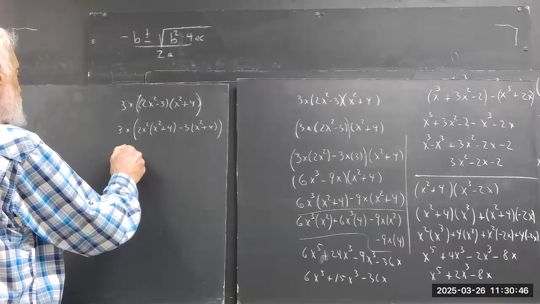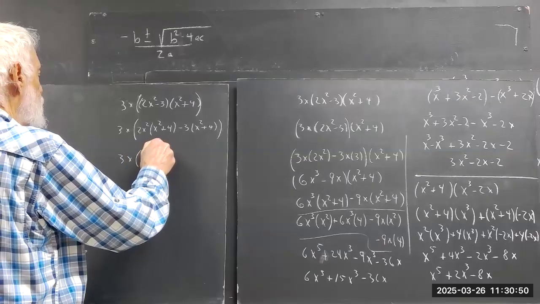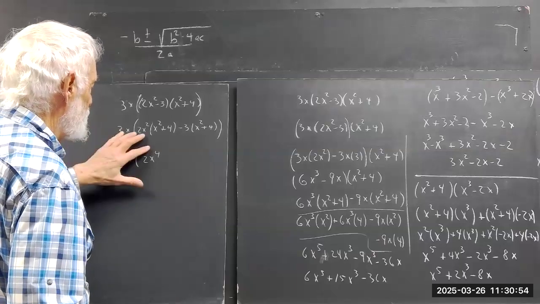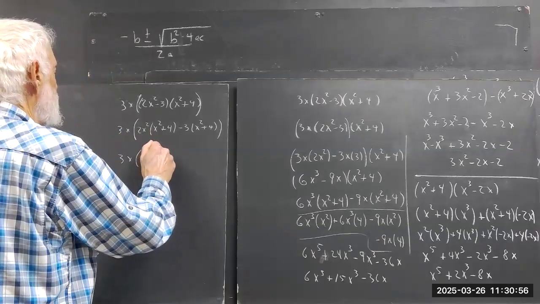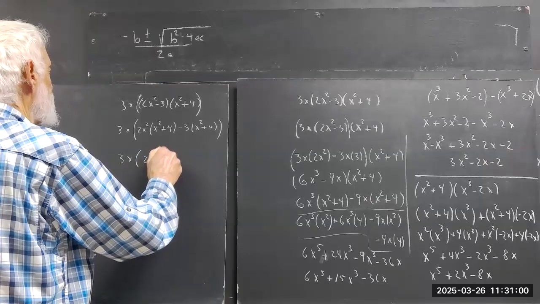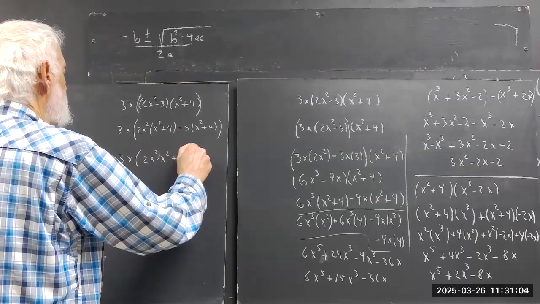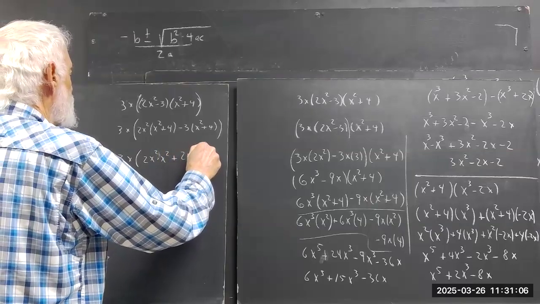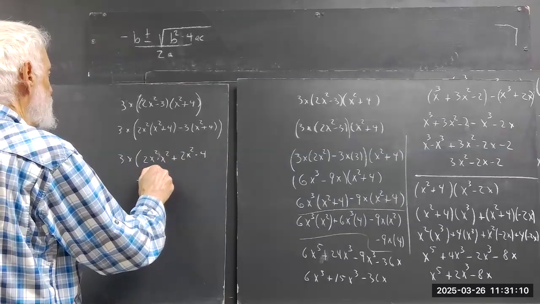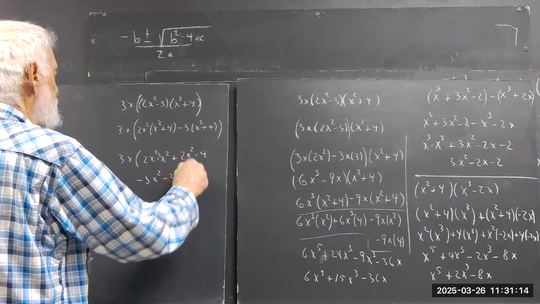And that gives me 3x multiplied by 2x to the fourth. Now, I don't want to skip a step here. So 2x squared times x squared plus 2x squared times 4 minus 3 times x squared minus 3 times 4.